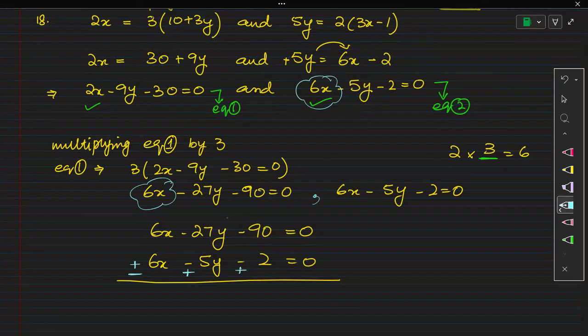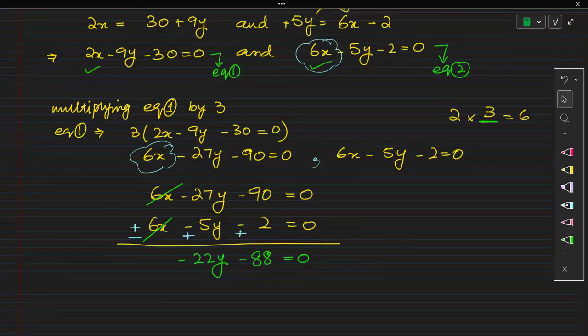Okay, now we can do the calculation. Since 6x is positive and over here the 6x is negative, they cancel out, right? Now minus 27 and plus 5 is going to be minus 22, right? And minus 90 and plus 2 is going to be minus 88 equals 0.